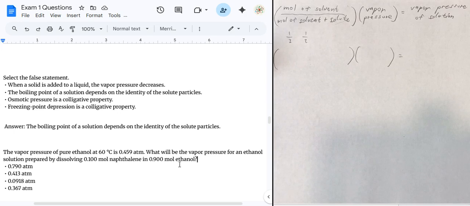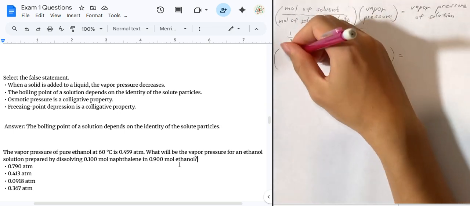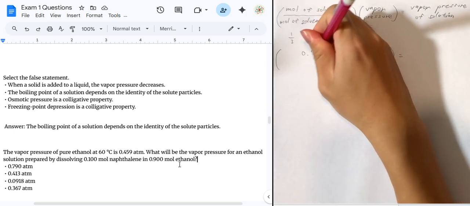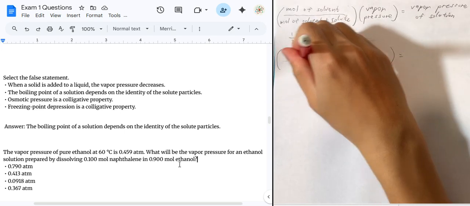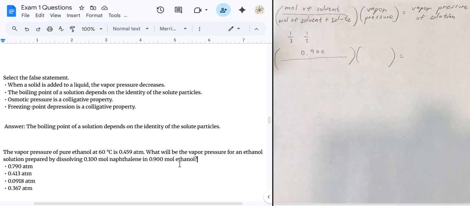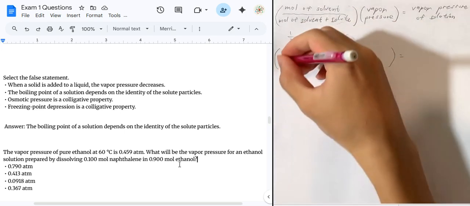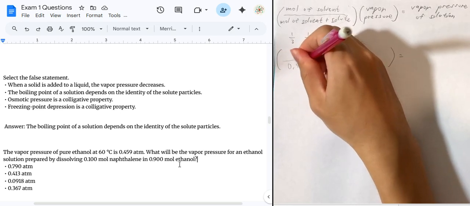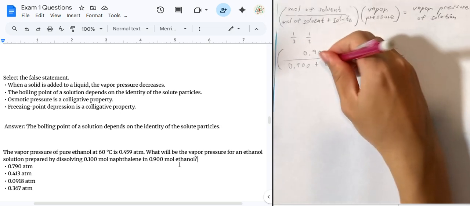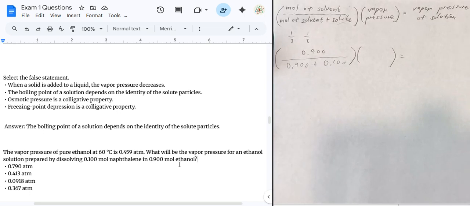So it would be 0.9 over the moles of solvent plus the moles of solute. And vapor pressure is 0.459 atm.